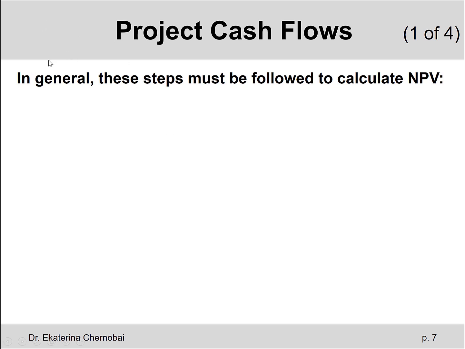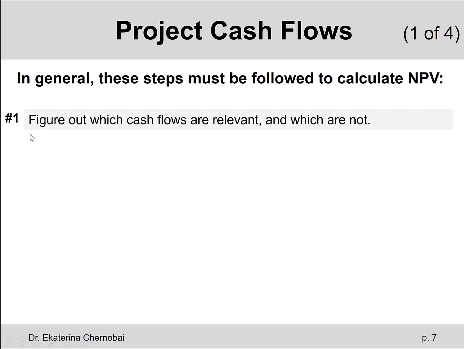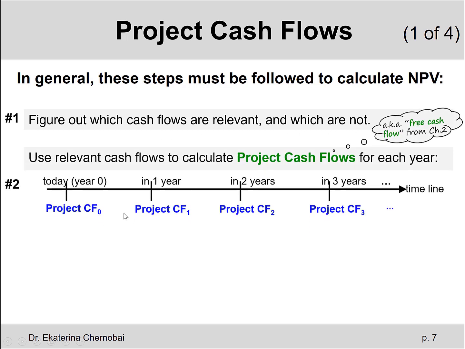So, in general, these steps must be followed to calculate the net present value. Step 1, figure out which cash flows are relevant and which cash flows are not relevant. Step 2, only use the relevant cash flows to calculate the so-called project cash flow for each year. From chapter 2, project cash flow is also known as free cash flow.